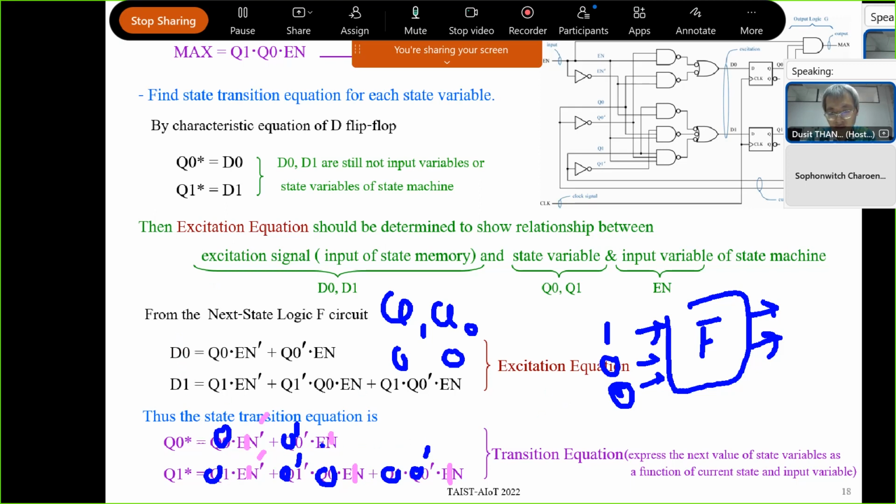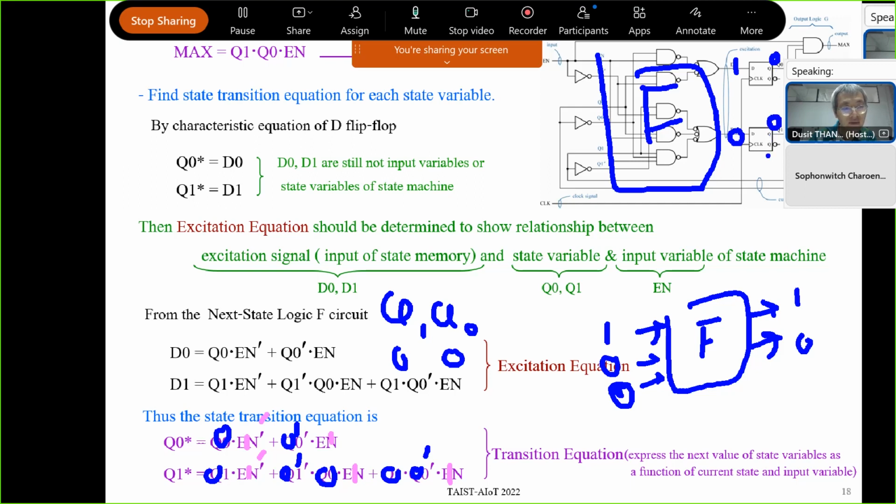This term is 0 here, 0 here, 0 here, so it becomes 0. This circuit F generates an output of 1 and 0 here. Now the value of Q0, Q1 is 0, 0, right?